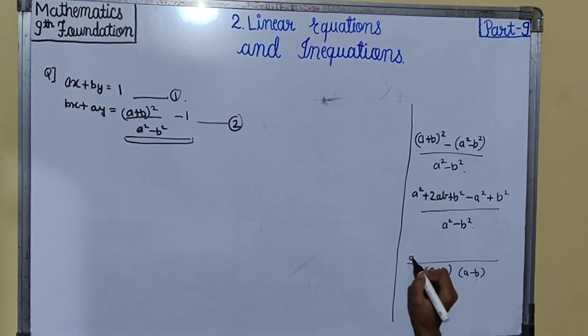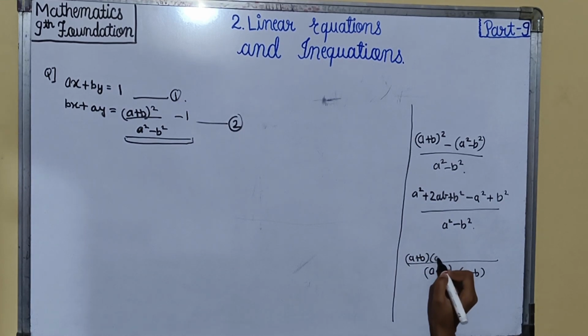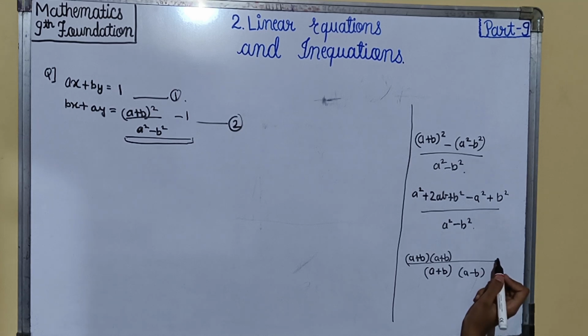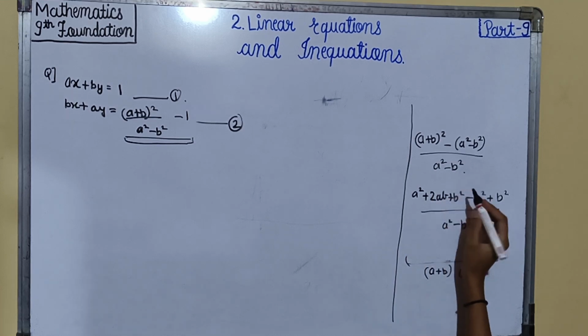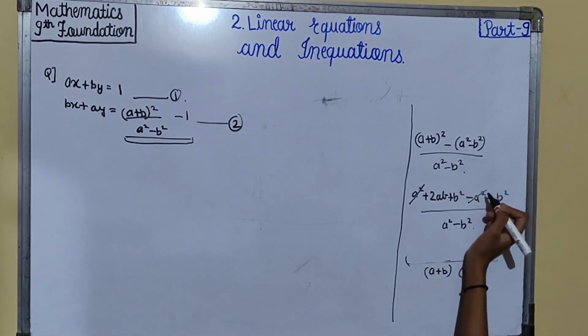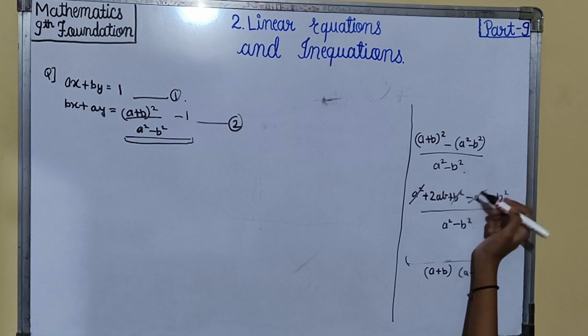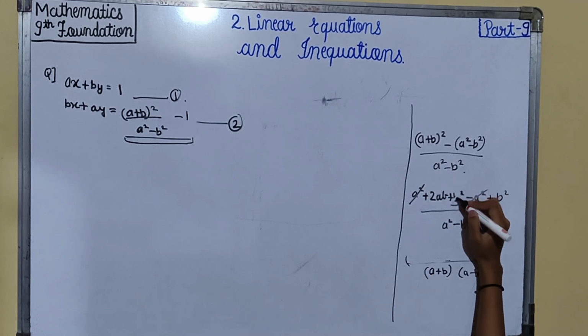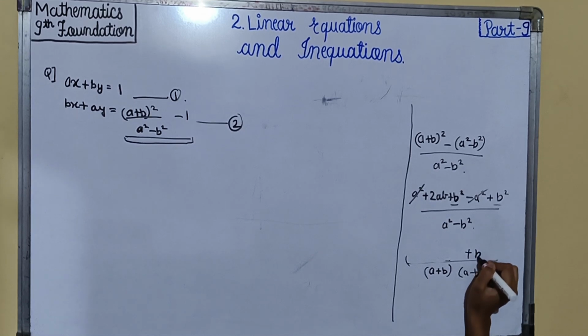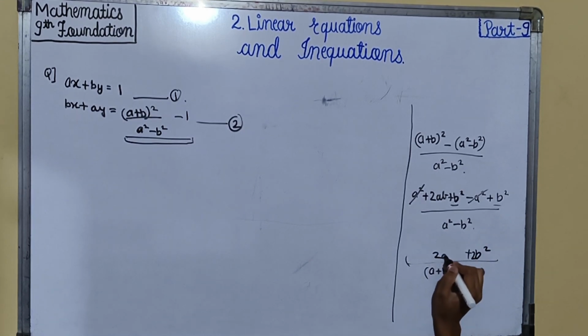Now this will simplify: a square and minus a square will get cancelled, b square and b square become 2b square, so we have 2b square plus 2ab.